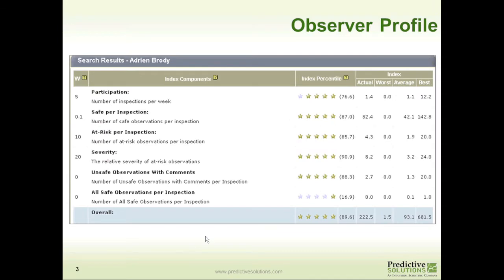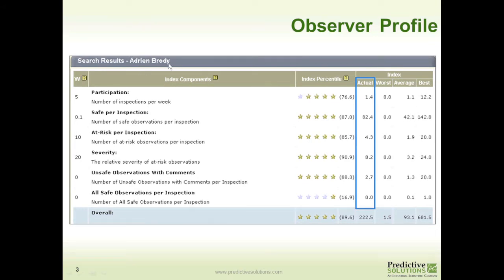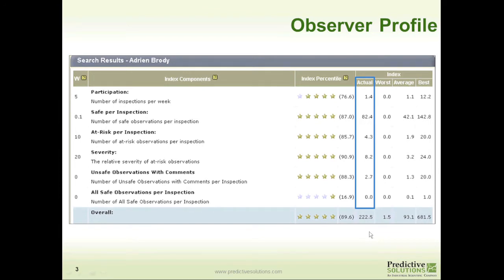So how do we use this? This first column is the actual data. This looks at this particular inspector, in this case Adrian Brody. These metrics relate specifically to this observer. These next set, worst, average, and best, relate to the company average. So I'm comparing Adrian Brody's information to the rest of the company to see where he falls.